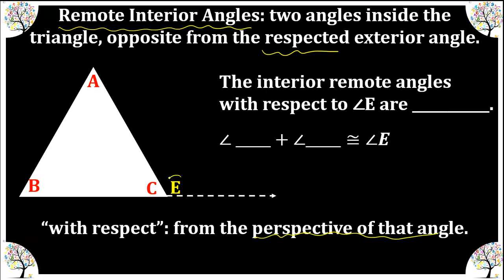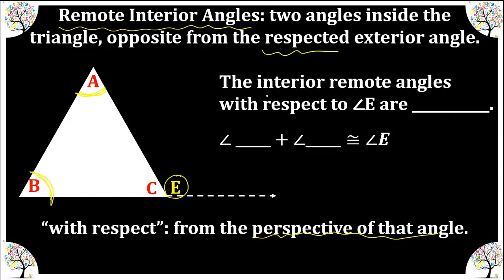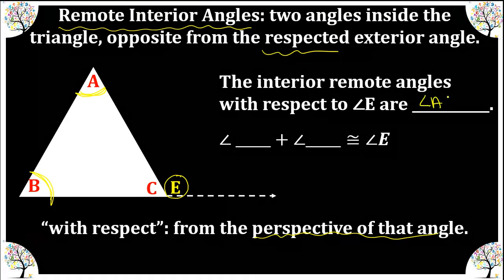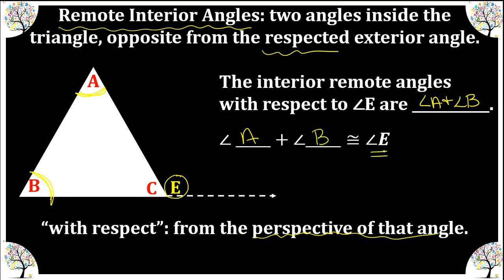So if we're considering angle E an exterior angle, the remote interior angles to angle E are going to be angle A and B. So the interior remote angles are angle A and angle B. Now the relationship between the remote interior angles and the exterior angles is that if you were to add angle A plus angle B, it would give you the same measurement as the exterior angle E.